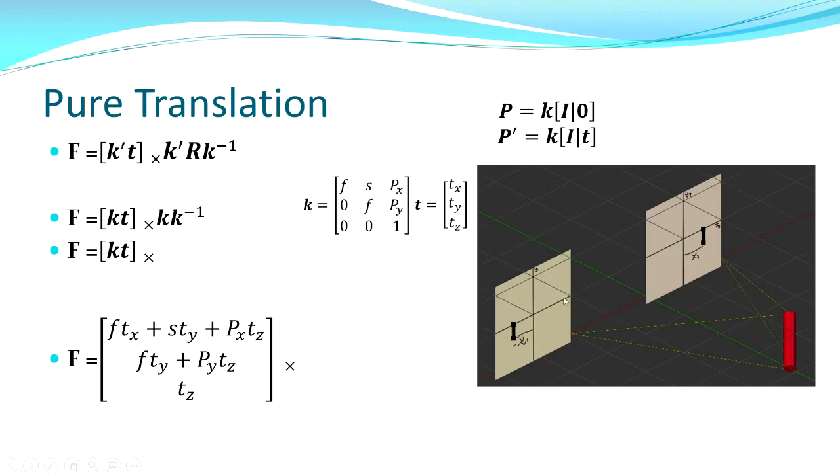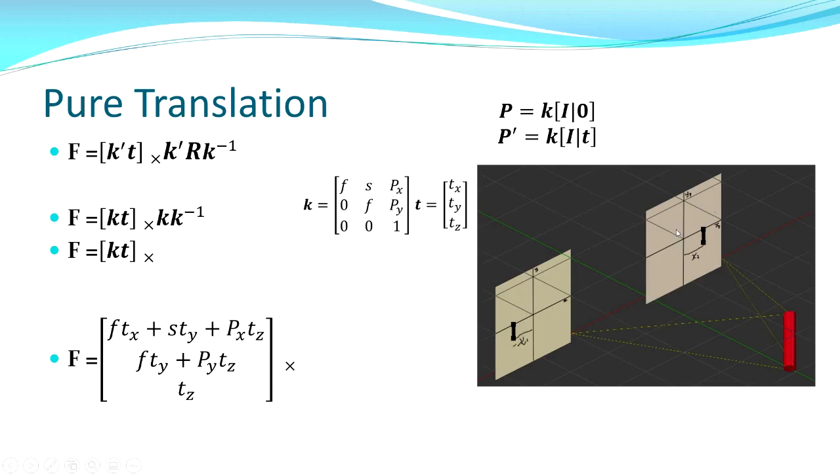So this camera is just translated with respect to the other camera, and there is no rotation or anything else, and there is some K. Also note that, assuming the intrinsic camera matrix of both the cameras is the same, both have common intrinsic camera matrix, that is K. This can be a case when the photograph is taken from actually the same camera.